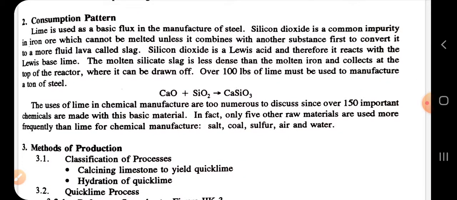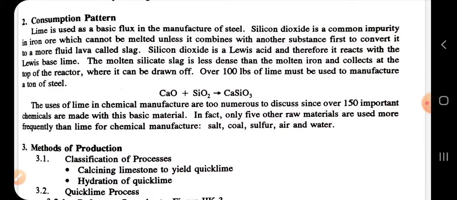Then next is consumption pattern. It is used as a basic flux in the manufacturing of steel. Silicon dioxide is a common impurity in iron ore which cannot be melted unless it combines with other substances first to convert it into a more fluid, lava-like material, which is known as slag.